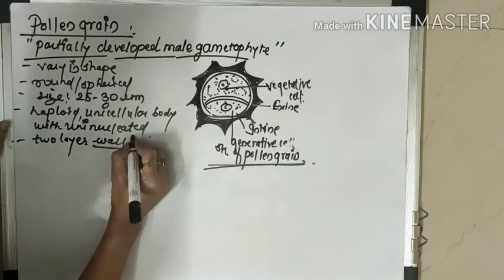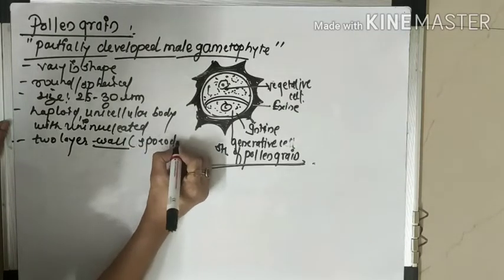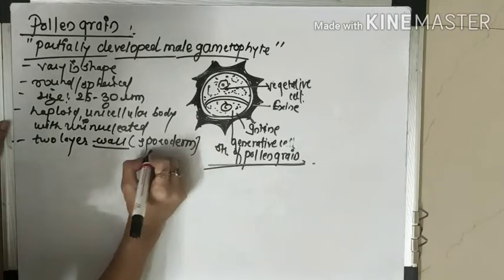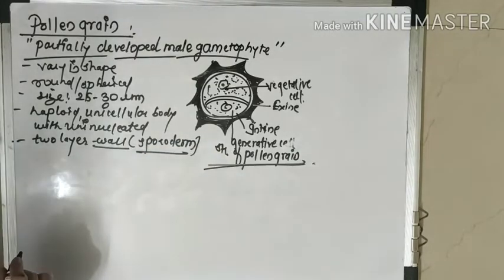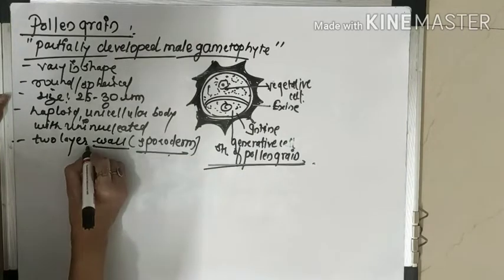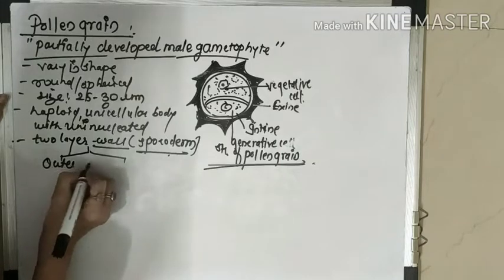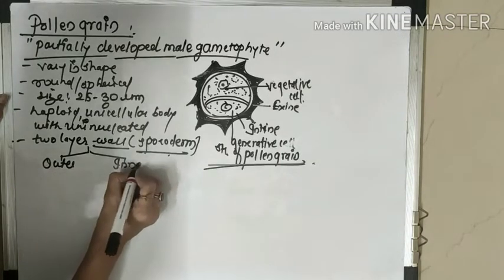This wall is also known as sporoderm. The alternative name of the wall is sporoderm. This sporoderm consists of two layers, one called the outer layer and one called the inner layer.